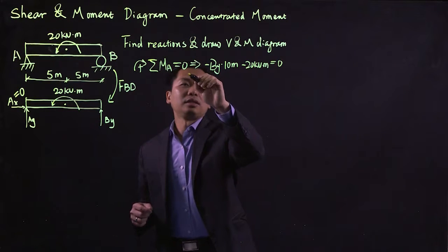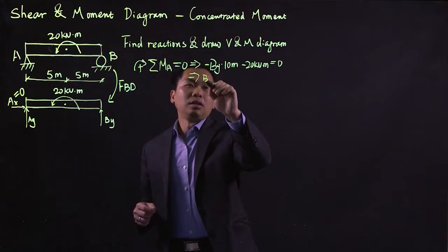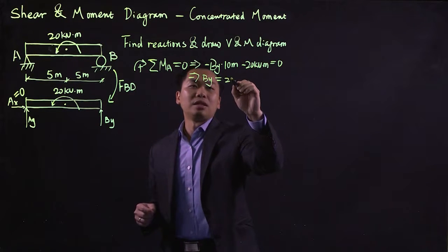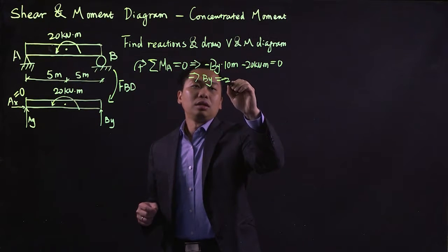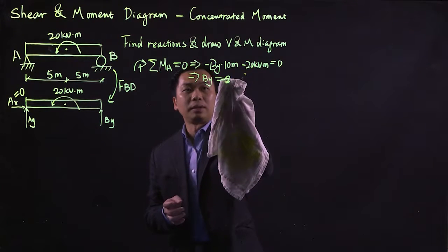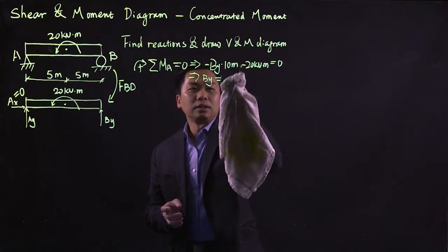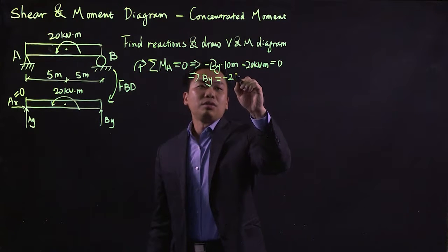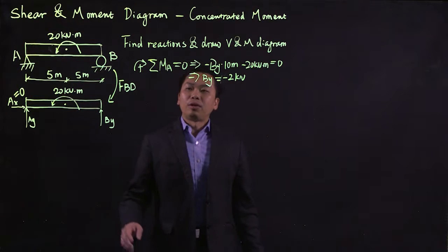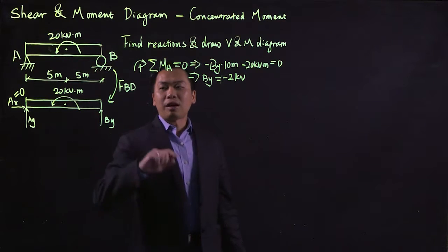With that, we can find that our BY is equal to negative 2 kilonewtons. The negative means the direction of the force is opposite to our assumption.